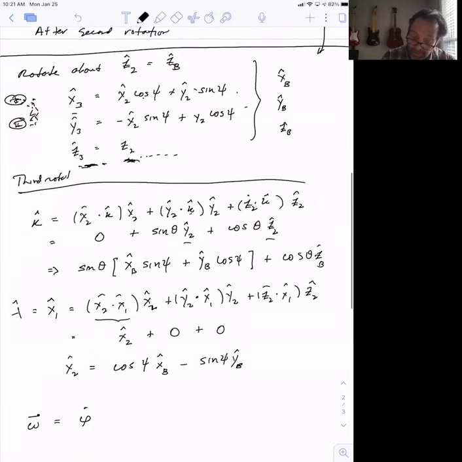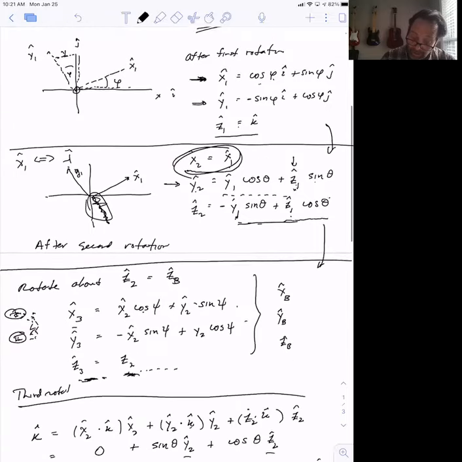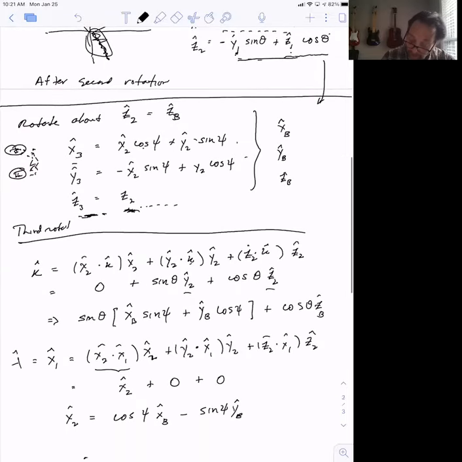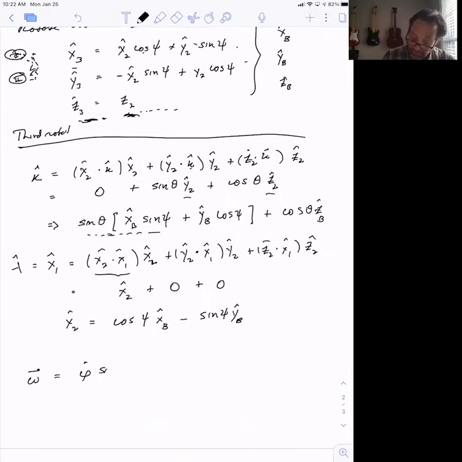My x body is, for the k hat, here, sine theta, sine psi. My line of nodes contribution is just cosine psi.